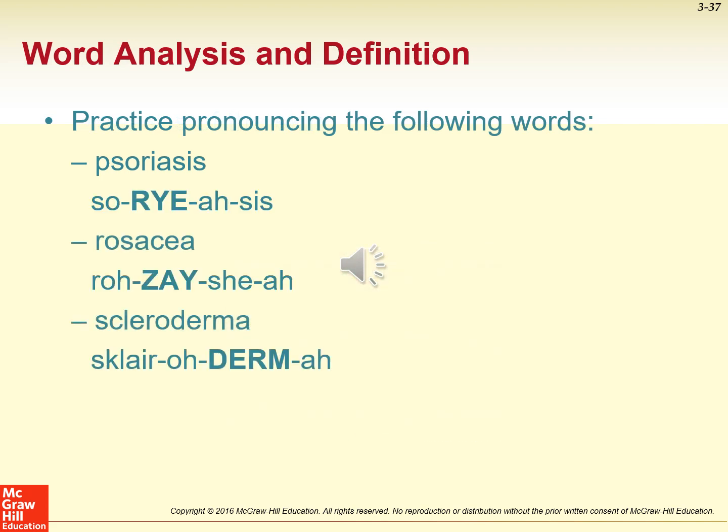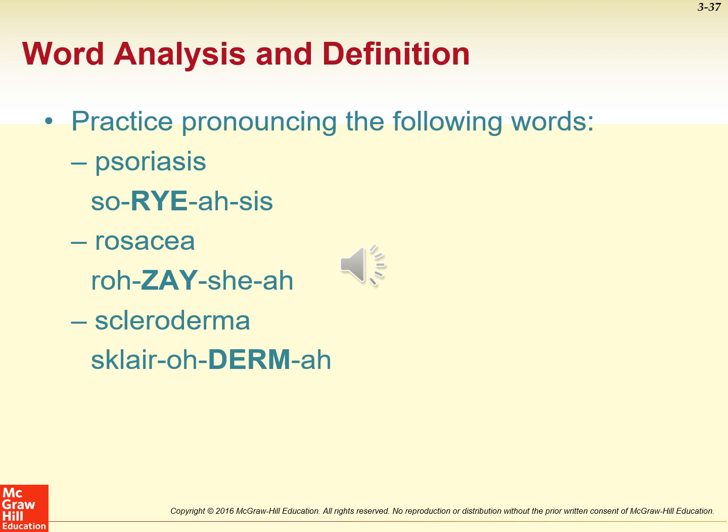Please take a moment to sound out these medical terms. You need to emphasize the syllables in the bold face type. Psoriasis. The P is silent. And again, that is the rash with the silver scaled patches.